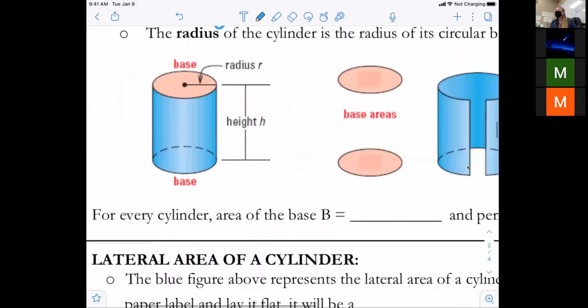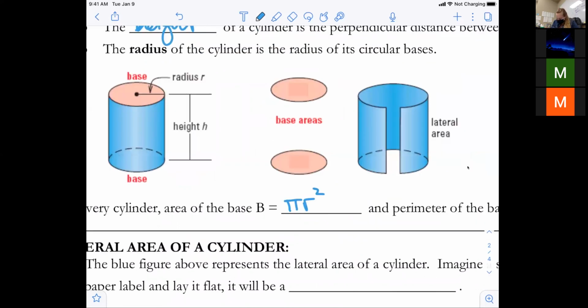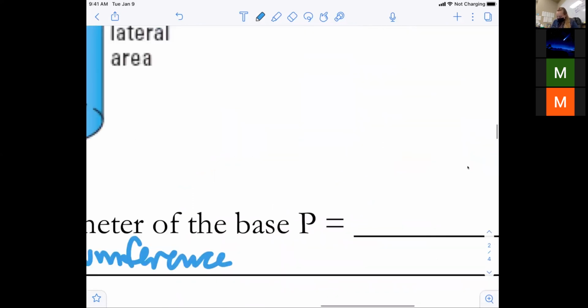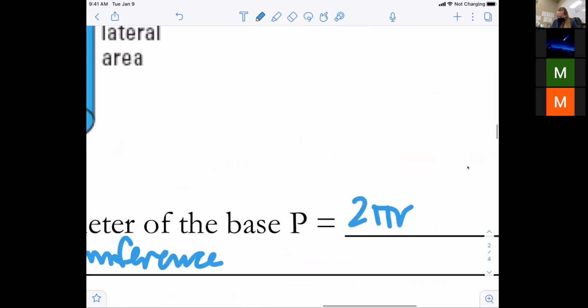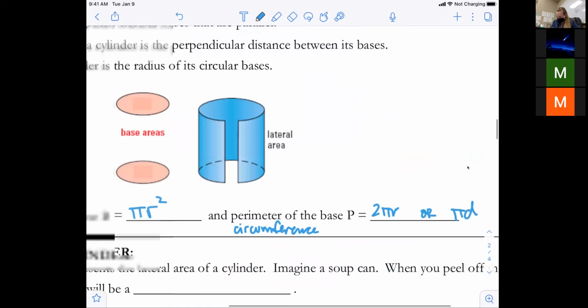What's nice about cylinders is we're just using area and perimeter for circles. So the area of a circle is pi r squared, and my perimeter or circumference of my base is going to be 2 pi r, or pi d. You can use whichever one you want.